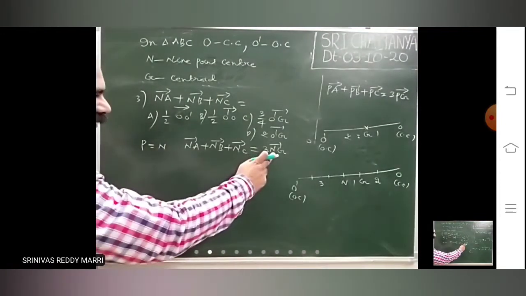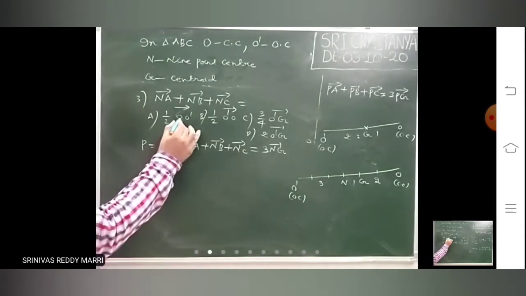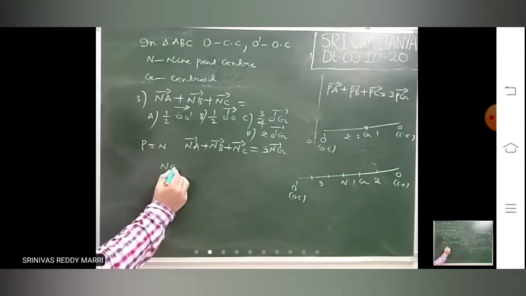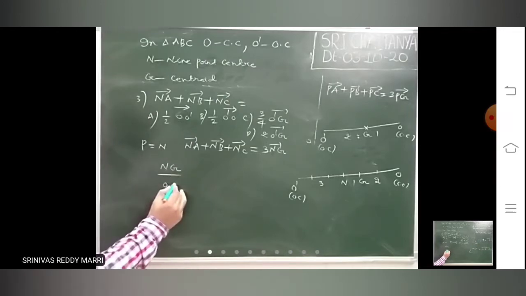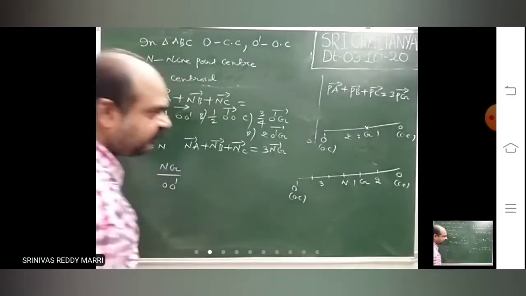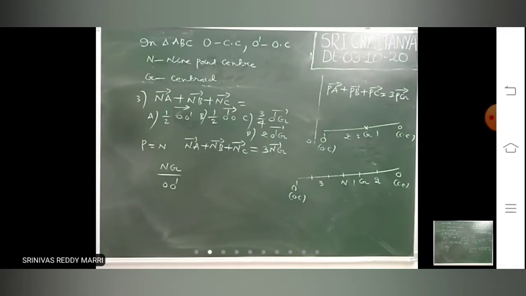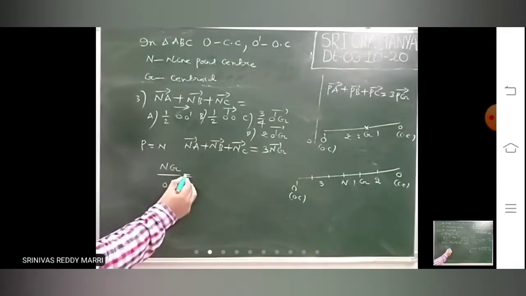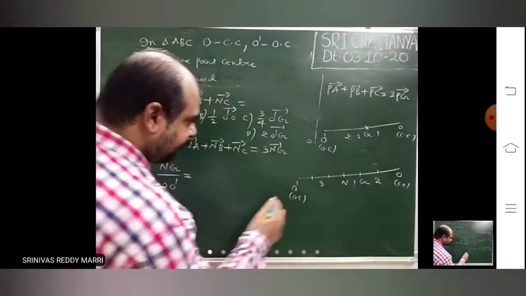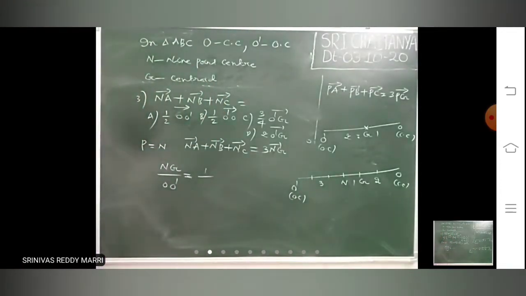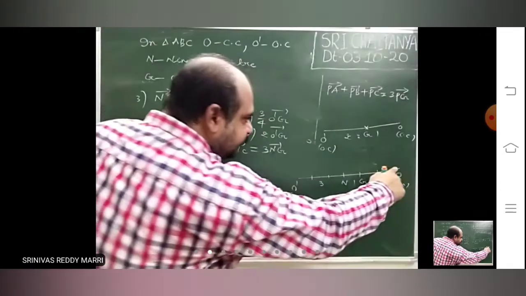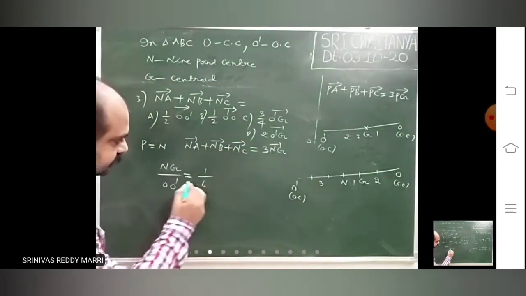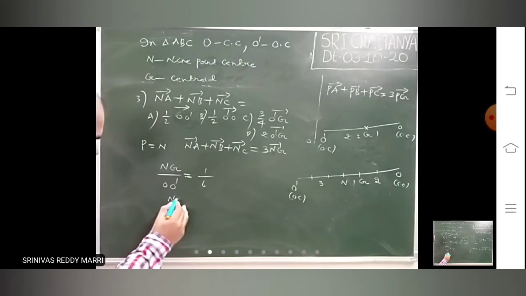So NG bar is there, and OO' is there. I am finding the relation. All 4 points are collinear in a triangle, we have already discussed. NG divided by OO': NG is 1 part, OO' is this length, which is 6 parts.